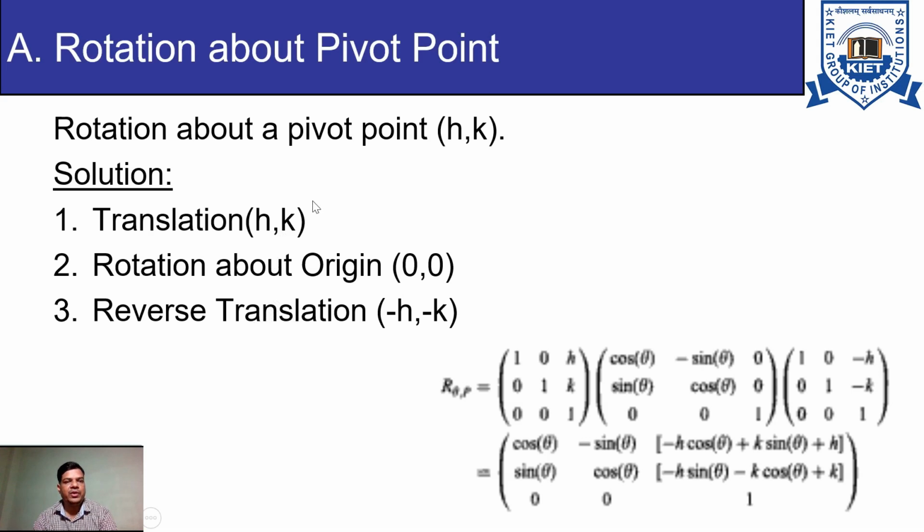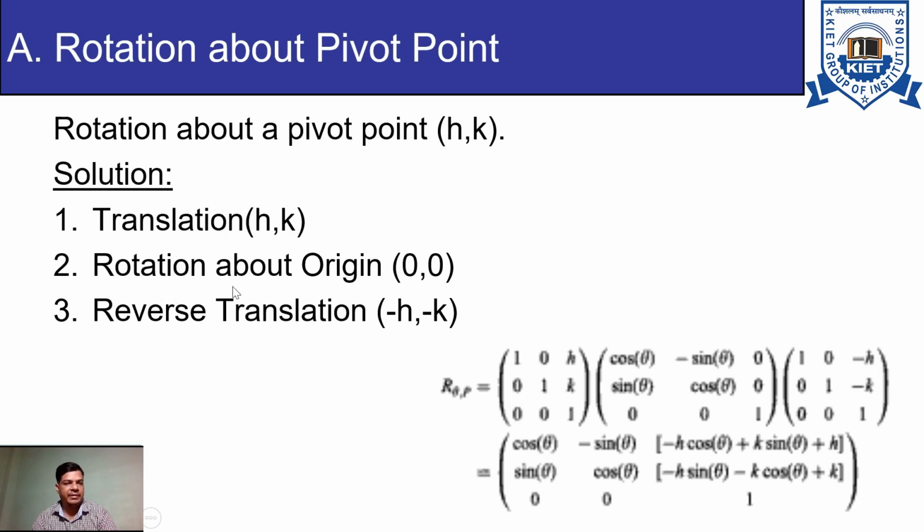So we have to shift the pivot point to the origin, and as the point is shifted towards the origin, the object is also shifted towards the origin. Then we apply the rotation, and we already have the matrix of rotation about the origin, which we have already discussed.